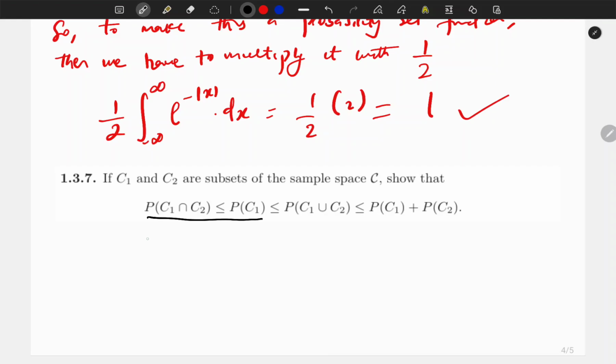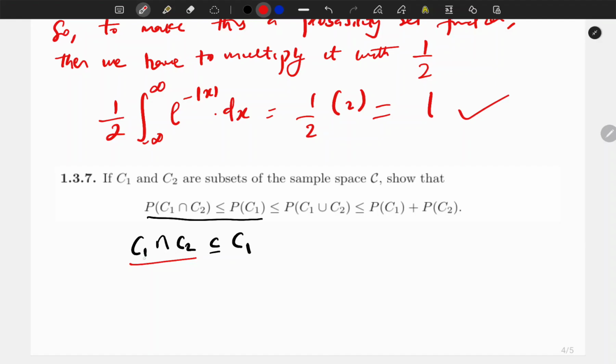We have C1 intersects C2. This means it only takes some part of the elements of C1 and C2. That means this should be a subset of C1, because an intersection may not necessarily take the whole of C1.